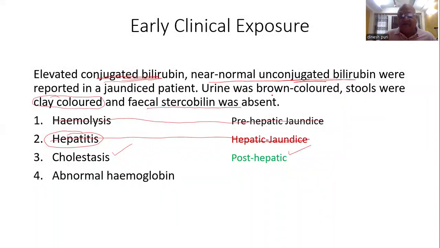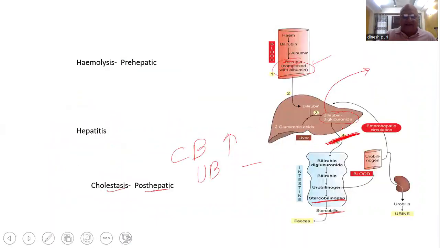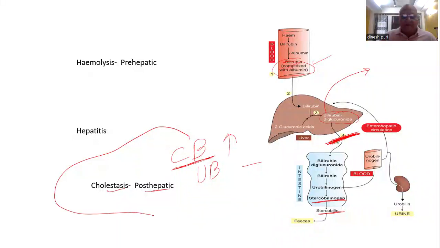Why is the urine brown colored? Now please see here what is rising in the circulation. As we said, conjugated bilirubin. Now this conjugated bilirubin, being water soluble, is able to take the renal route and be excreted into the urine.